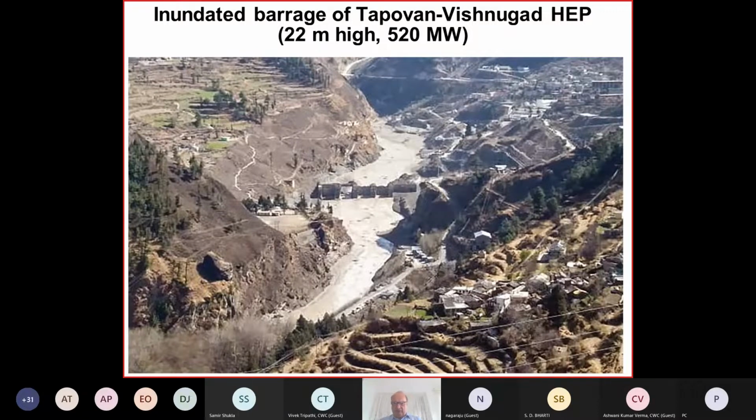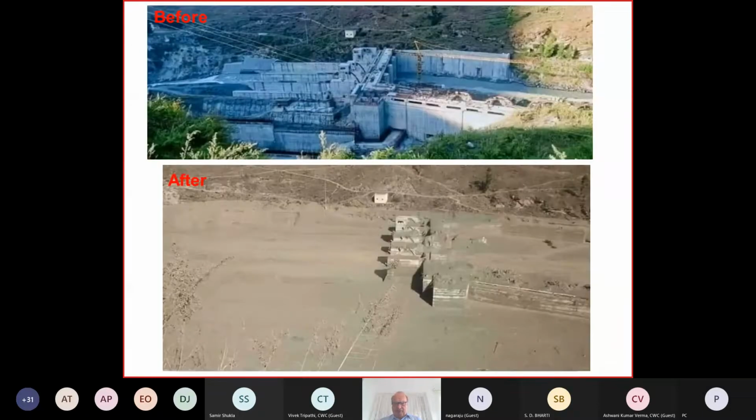This is further downstream of this ice and rockfall. This here is the same plant showing before it was under construction, and afterwards, basically all in the sediments here, all covered in the sediments.